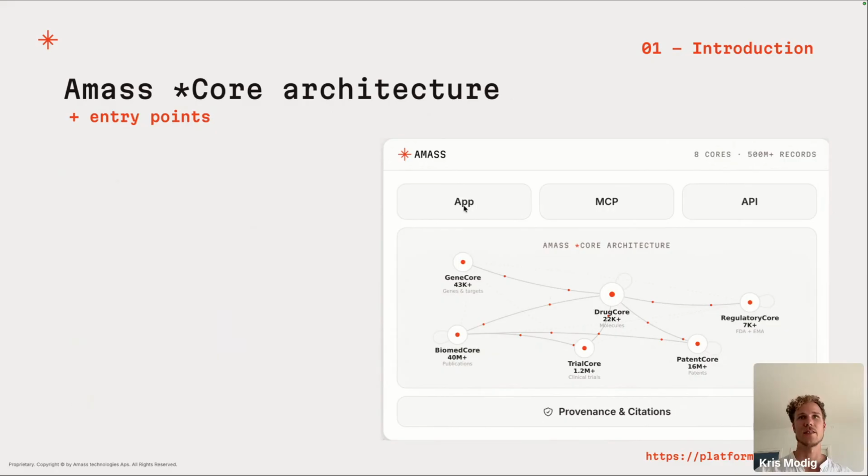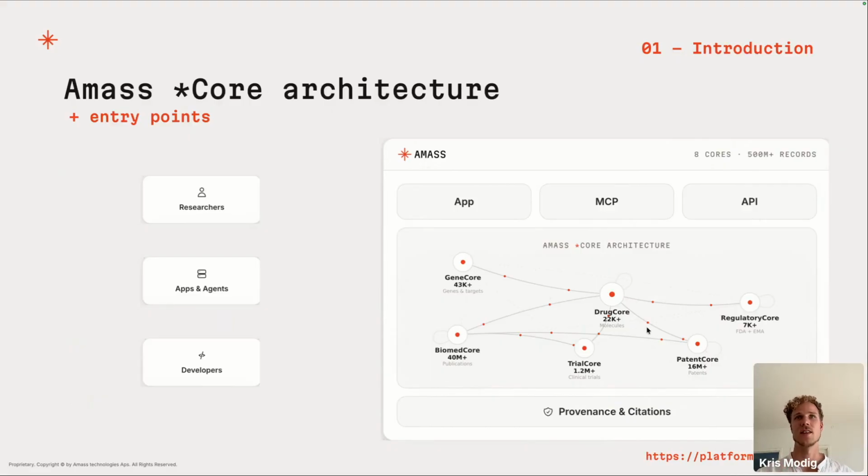So we have the application as one, we have the MCP, for instance, Claude or OpenAI, and the API, the application programming interface that you can also use then to access and query the data sets that we have across the different cores. Amass can be used by researchers, apps and agents, and developers.